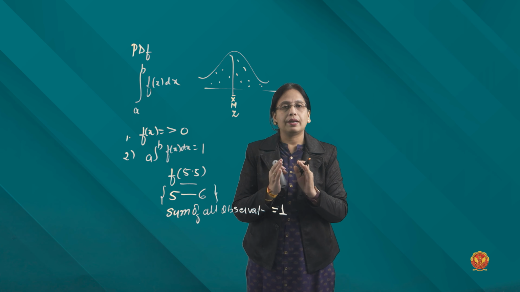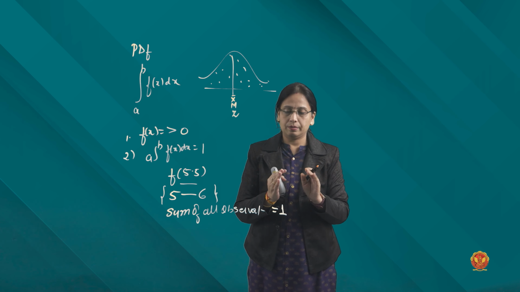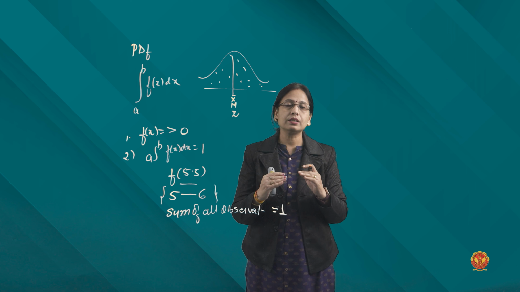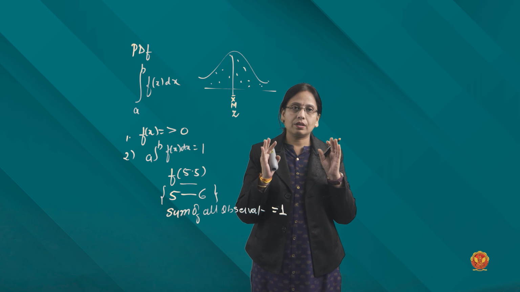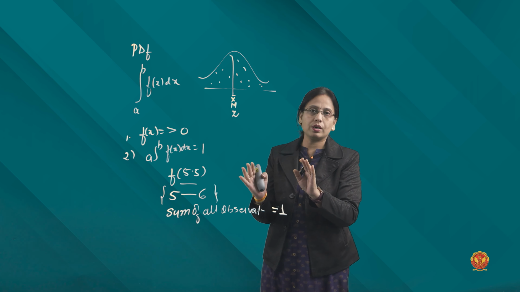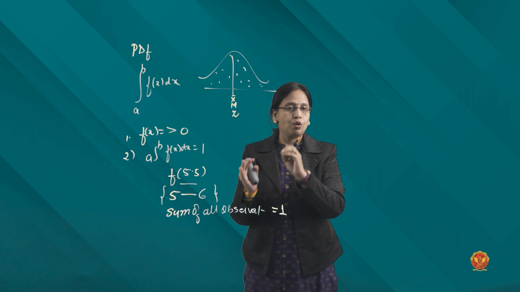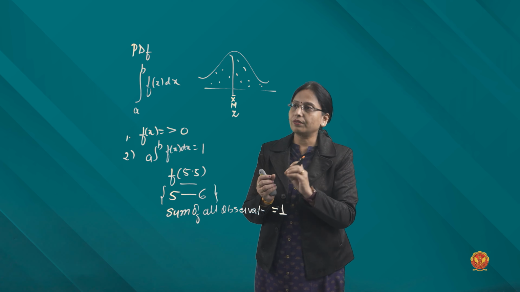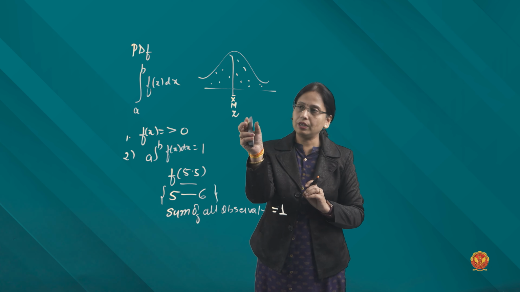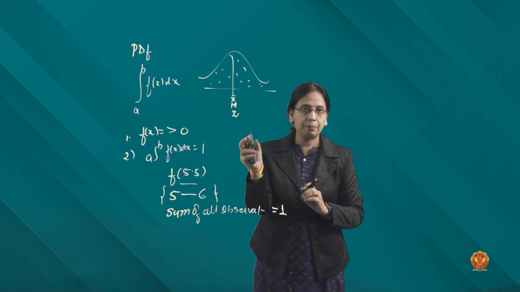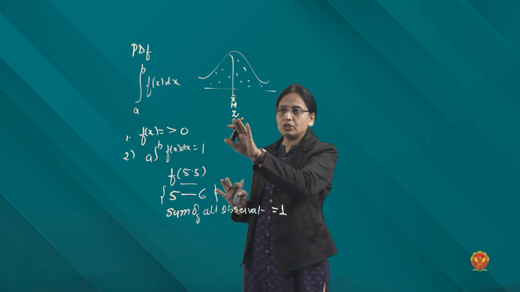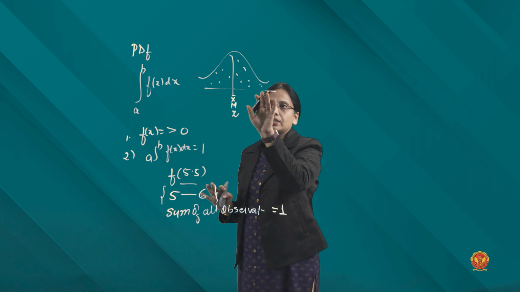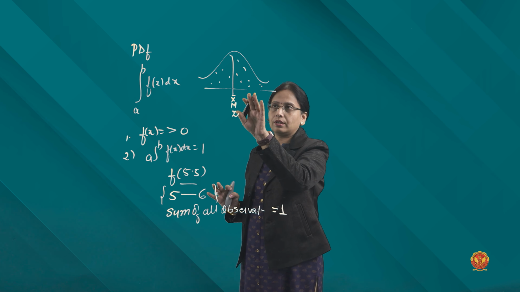Normal distribution numericals, generally to this level which we are dealing with, remain concentrated on the concept of what is the probability that the observations lie between particular values. So if I say the average is here, 100% lies under this curve.